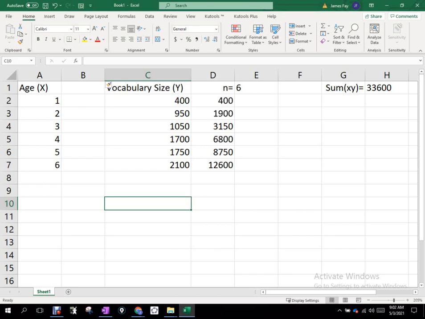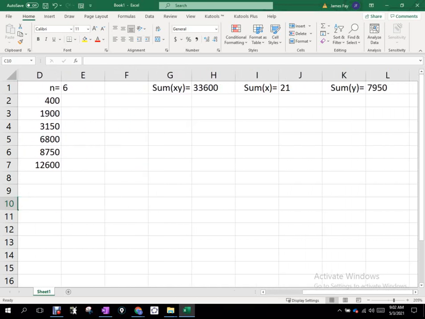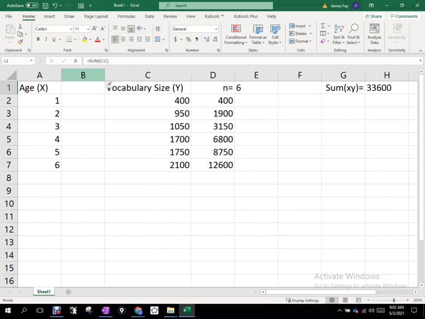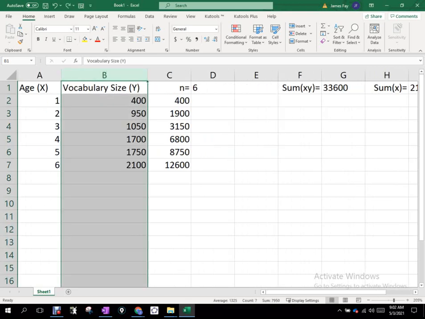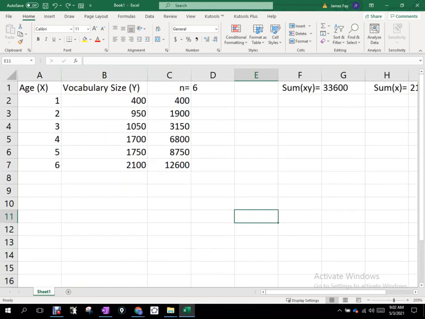But that's my sum of my y's. Well, let's go back to this over here. Do you see how it changed now to sum C to C? So it knows that those are the things I wanted to add, and if somebody adds columns in there, that won't mess the formula up. So that's a nice thing. And you hit Control Z, you can undo that stuff.